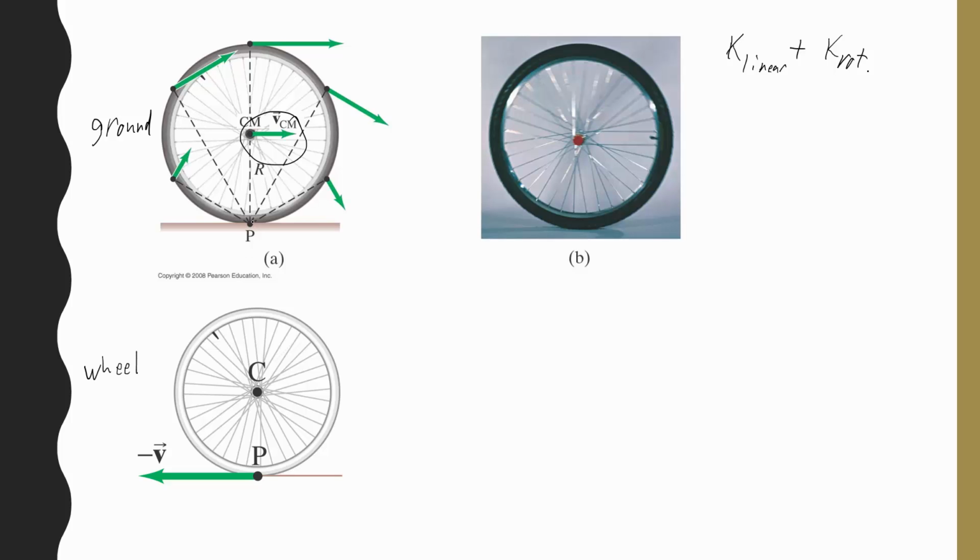So if the ground says the middle is moving this fast, then the middle has to say the ground is moving just as fast. This vector looks larger here, but they are equal. This guy equals that guy right there. The guy on top is actually moving twice as fast.